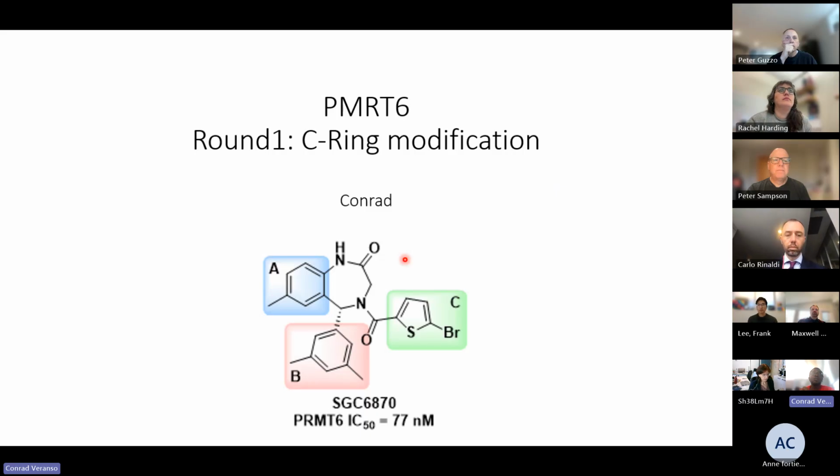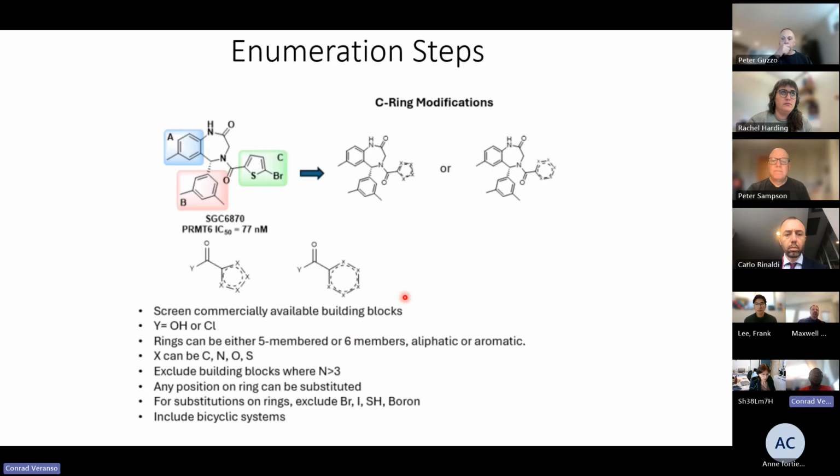In this part I will talk just about what we did, the modeling, which is the first round of the work, to focus on analogs of this molecule based on modification on this C ring. This is the information we got from the chemist, what we need to search and what building blocks they needed.